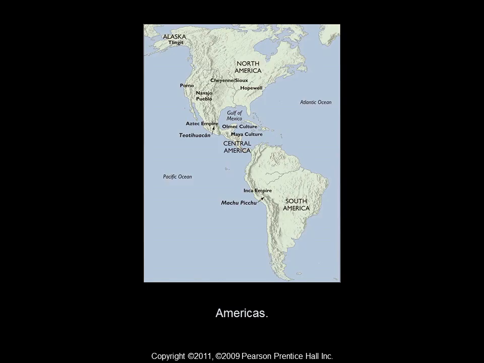We are now moving over to the Americas, and we will start with native North America. When we think about the native peoples of North America, the most common image that will pop up would be that which was portrayed in movies and television, the American Indian, and also what was seen in books.